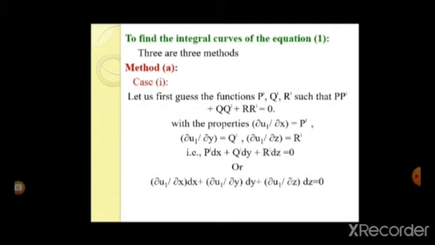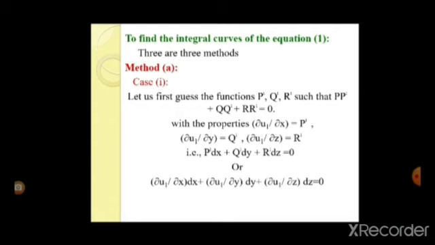While the set of ordinary differential equations is given to us, we have to find the general solution of that particular set of equations. That is our task, our problem here. To find the general solution, we first have to guess the functions p dash, q dash, r dash, such that p dash plus q dash plus r dash equal to 0.